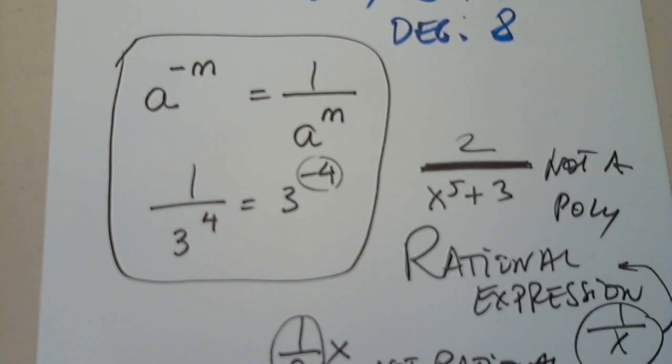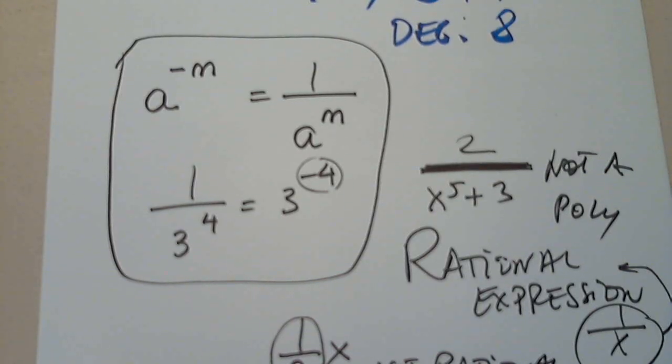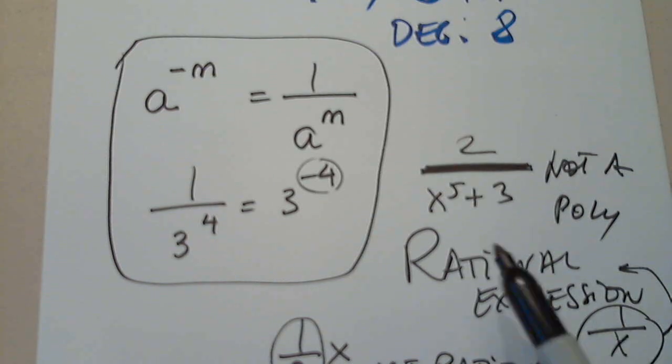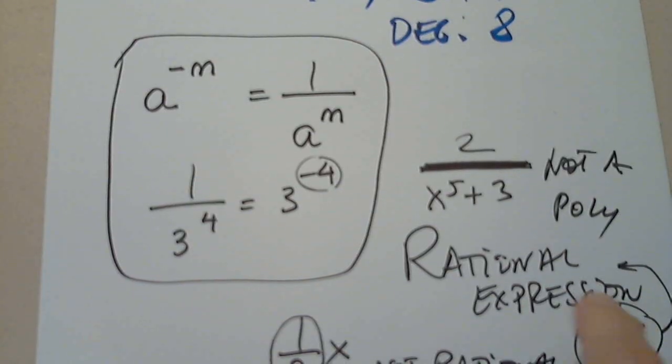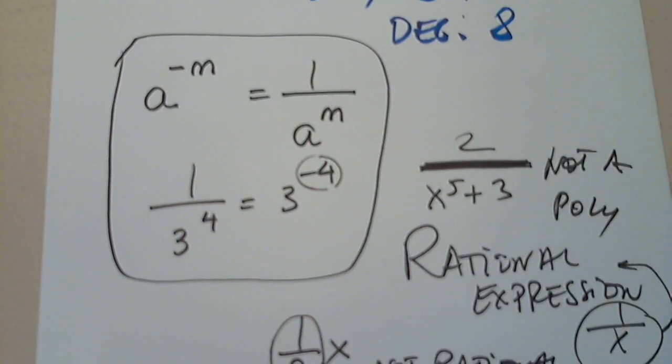The degree is 1, the leading coefficient is 0.5, and that's it. But this one is not. If it has x in the denominator, it's called a rational expression. Okay, moving on. Okay, got it. Good. What type of polynomial is this?